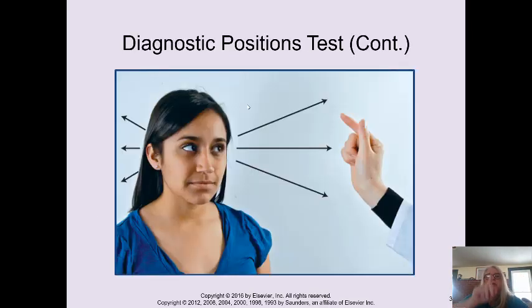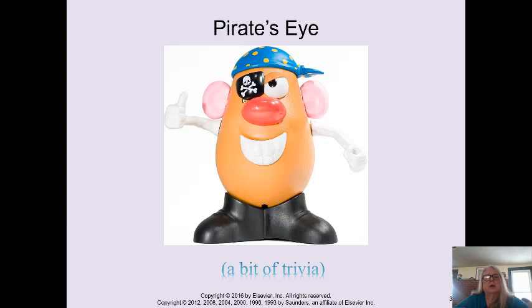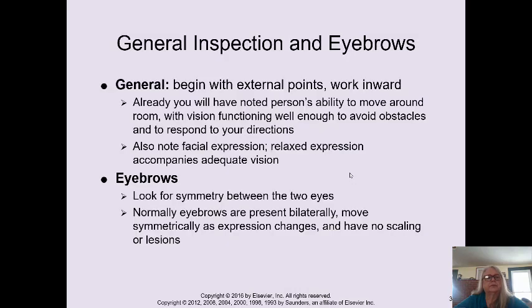Diagnostic positions, you're holding your finger up, you go 1, 2, 3, 4. So you're getting all of the cardinal directions for the eye. Remind me in class to tell you the story about the pirate's eye, or look it up for yourself, the eye patch.